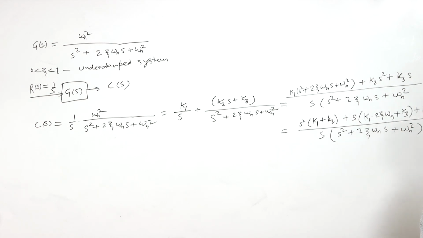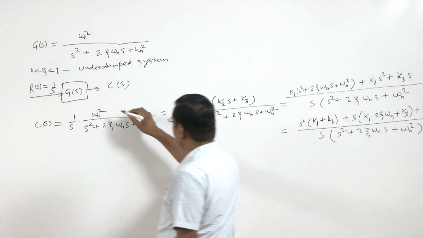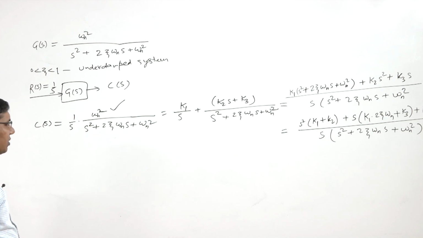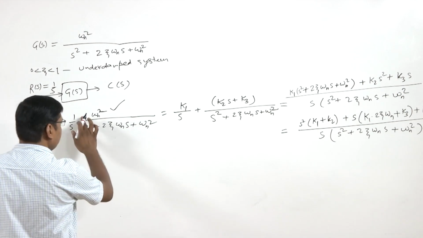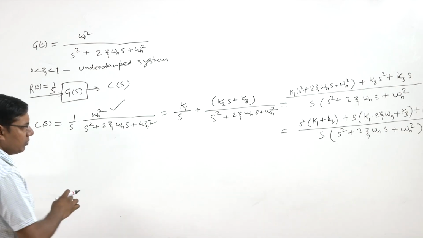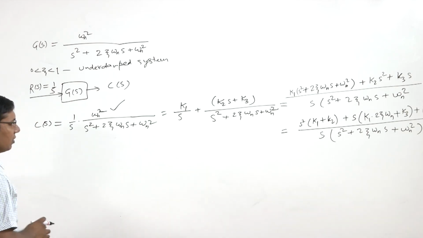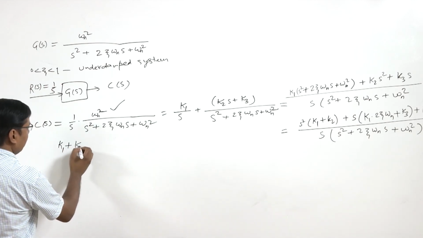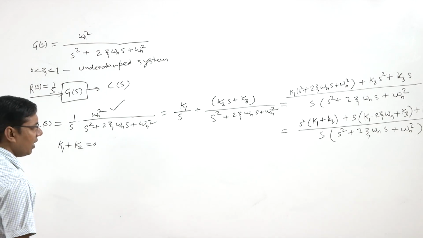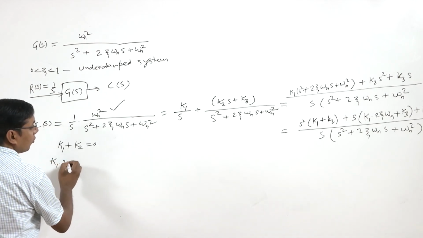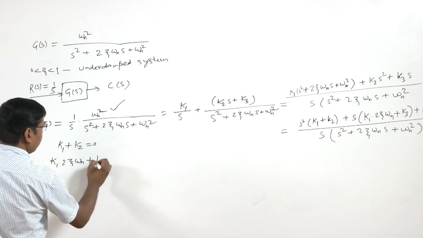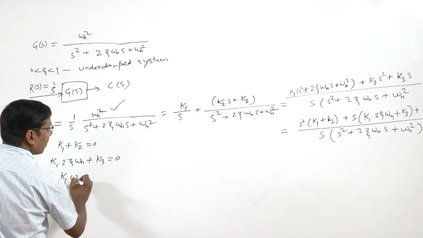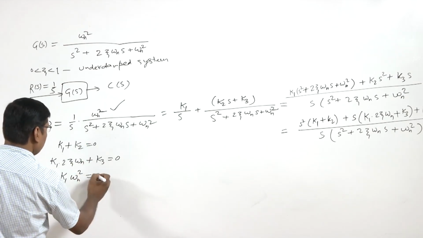Now we compare this with the numerator, coefficients of s square, s and constants. The coefficient of s square is 0, the coefficient of s is 0, and the constant term is omega n square. So here k1 plus k2 equal to 0, k1 into 2 zeta omega n plus k3 equal to 0, and k1 omega n square equal to omega n square.